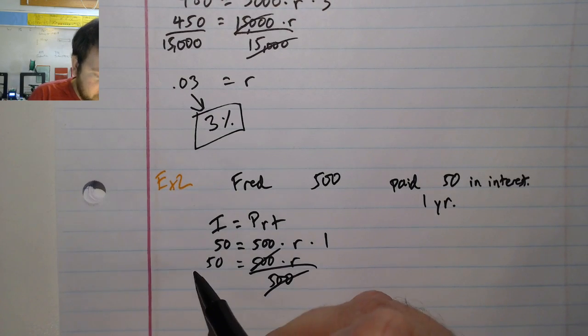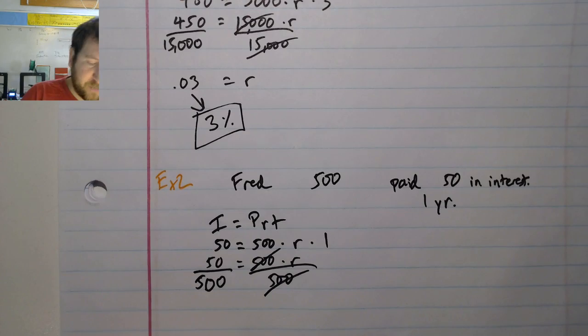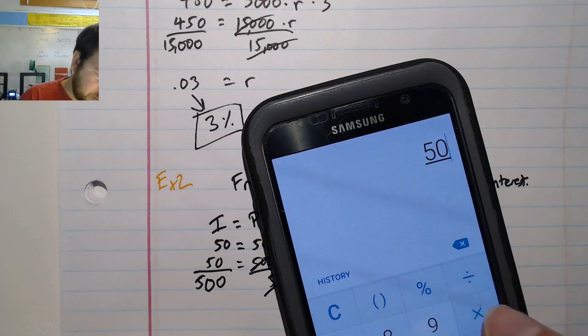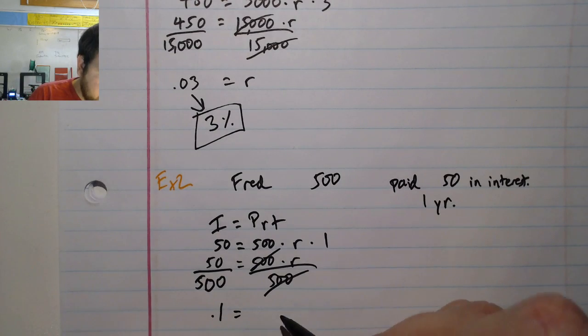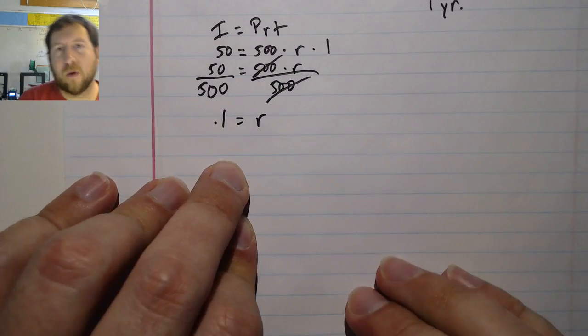Okay, I'm going to divide both sides by 500 to get my R by itself, which should give me, I'm guessing, 0.1, but we'll see. 50 divided by 500 is 0.1. I have 0.1 equals my R. Well, I don't want it as a decimal.